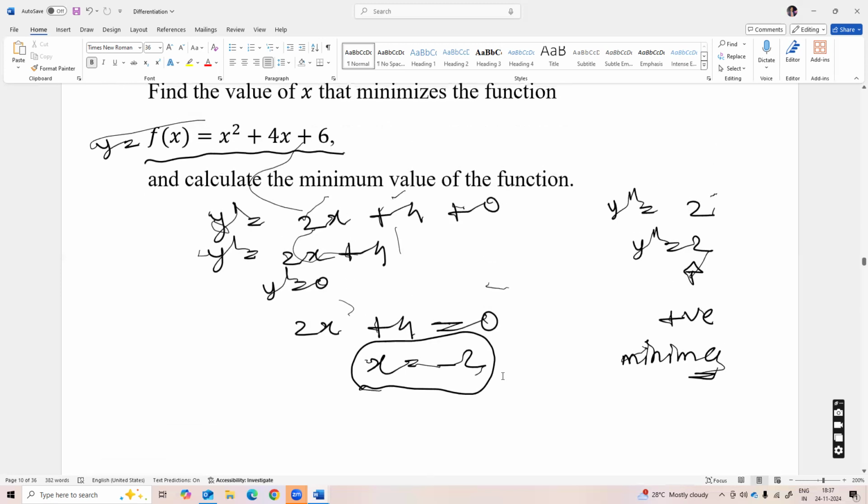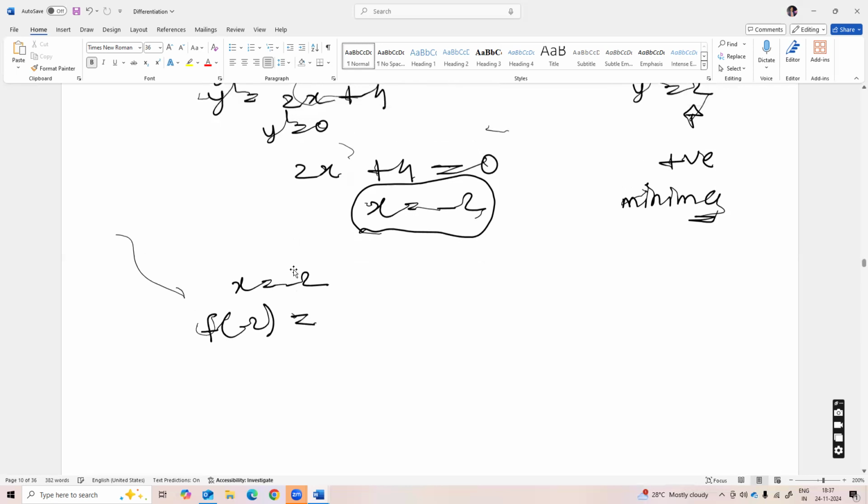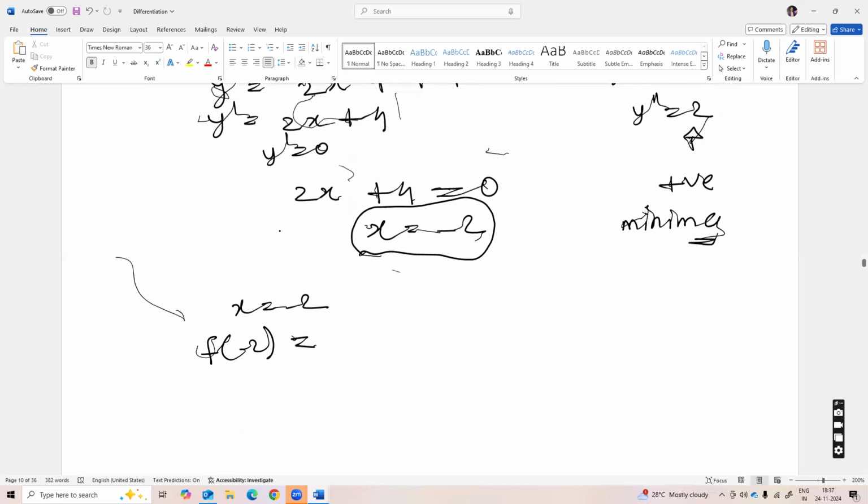And what is that minimum value? To find it, we put x equal to -2 in the given f of x. So f of x is x square plus 4x plus 6, which gives -2 square plus 4 into -2 plus 6. -2 square is 4, plus 4 into -2 is -8, plus 6.